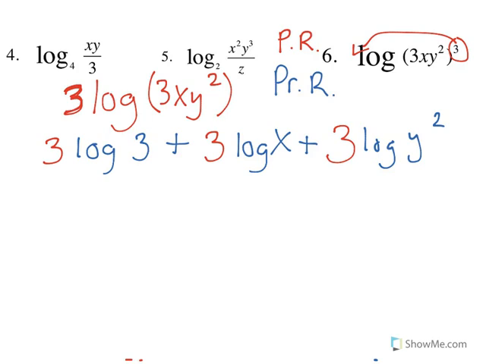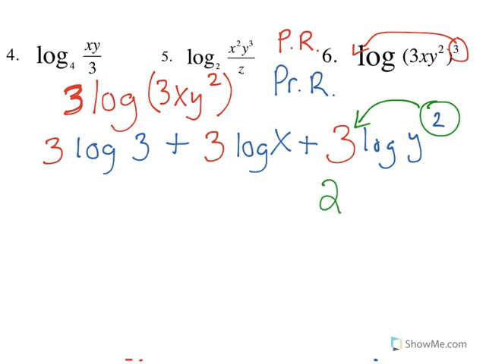Our final step before we try to simplify is look at that whole entire statement. Is there anything else that we can expand further? 3 log 3, it's good. There's no product, there's no quotient, no power. 3 log x, it's good. There's no power, there's no product, there's no quotient. 3 log of y squared, that has a power. We've got to expand this one more time, and we got to use the power rule. Power rule says bring that power out front, but there's already a 3 sitting there. So that means you need to multiply the 3 and the 2 together.